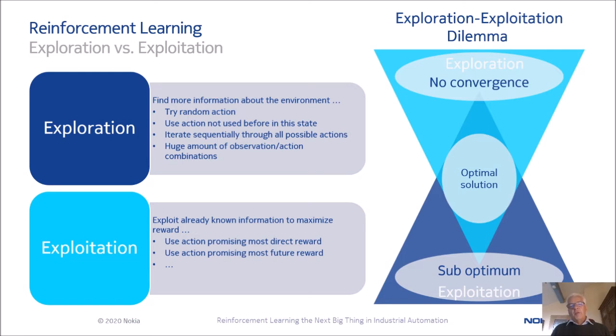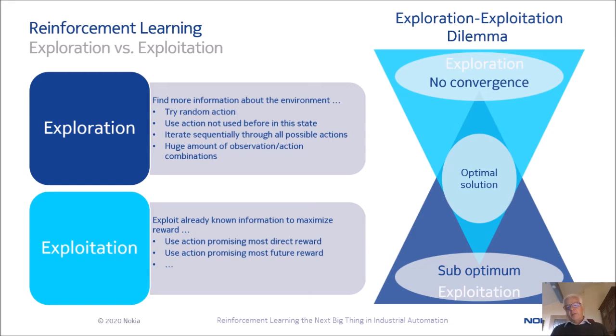And the only thing you can do at the very beginning is try a random action. Maybe you can also use an action you have never checked before. You can also run through those actions sequentially. Last but not least, you have a huge amount of observation and action combinations you need to try out.